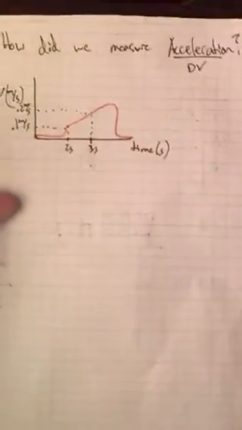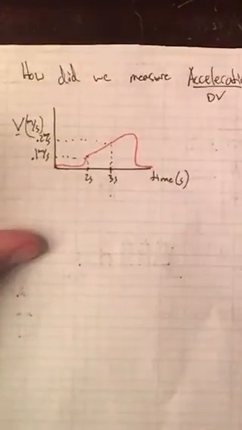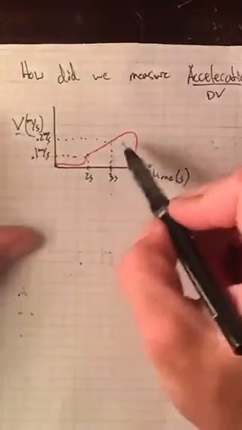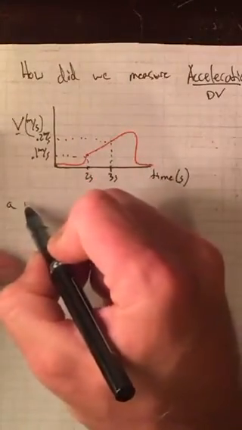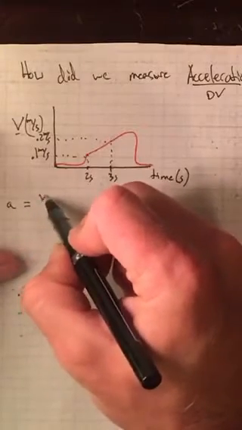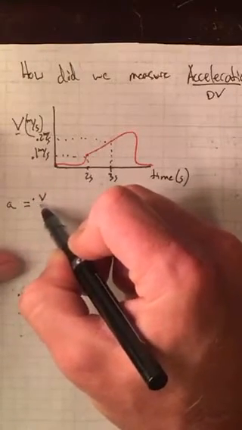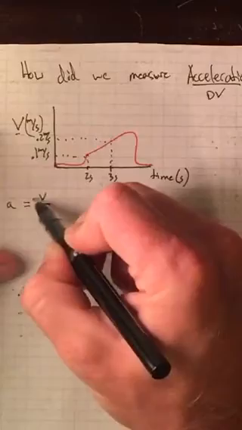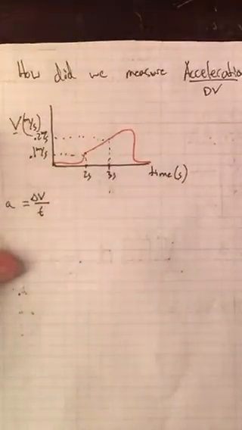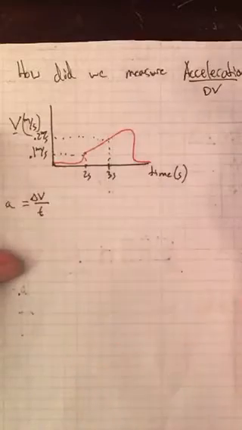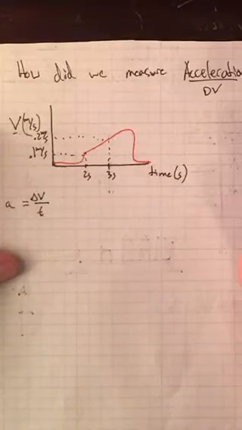At that point in time, the velocity is changing. And remember that acceleration, that's the rate at which the velocity changes. You might not have seen this yet, but velocity divided by time, that's what acceleration is.